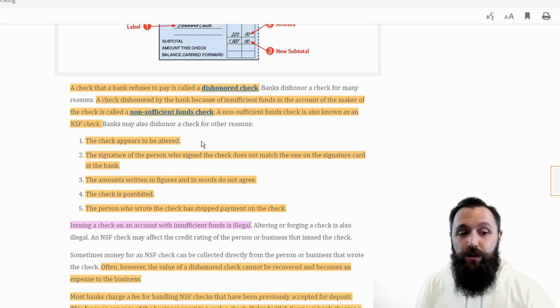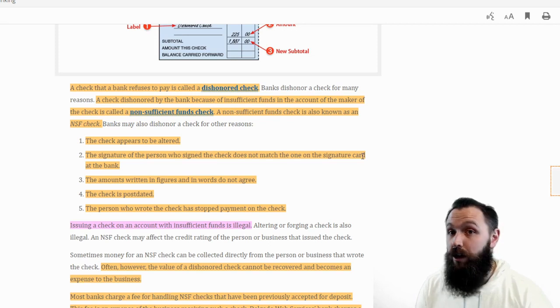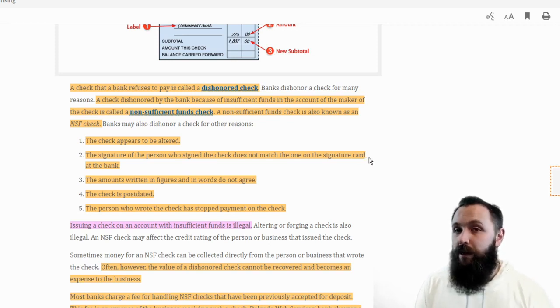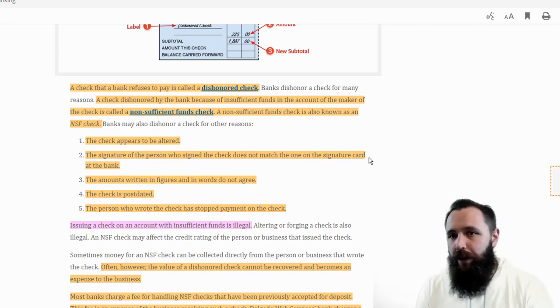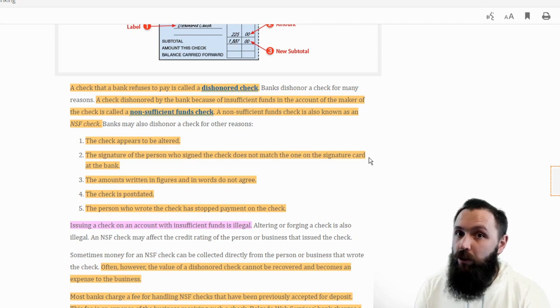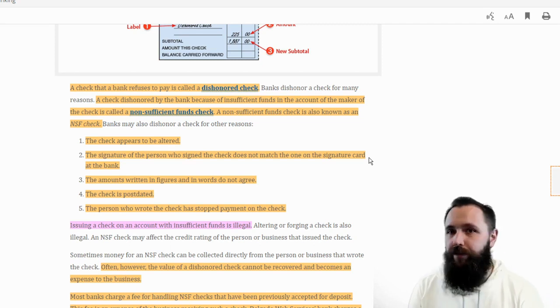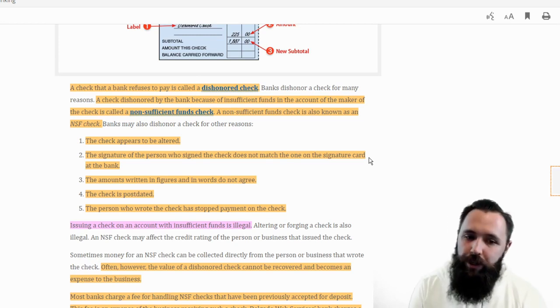The signature of the person who signed the check doesn't match the one on the signature card at the bank. If somebody's signing checks for somebody else when they're not supposed to, that raises a red flag at the bank. The amount written in words does not agree with the numerical amount. It says $395, and in the little box, it's actually $350. Something's wrong there. That check could be dishonored.